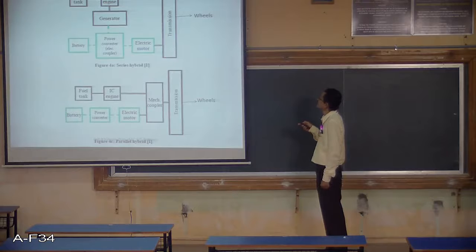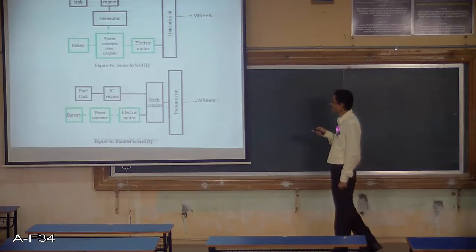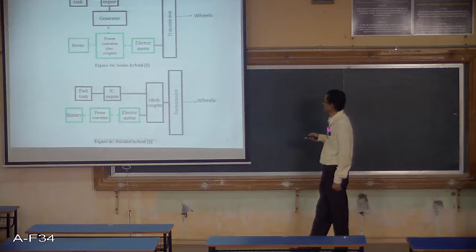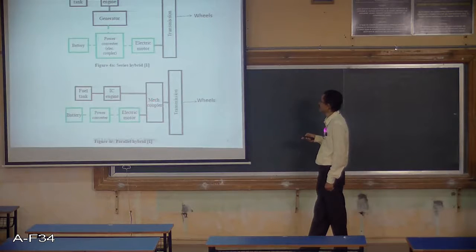So the important thing here is there is a necessity of a generator along with the IC engine and fuel tank. In case of parallel hybrid, this generator is not there. Fuel tank and IC engine are there and they independently run the wheels. This mechanical coupler will couple either the IC engine or the electric motor depending upon the requirement.